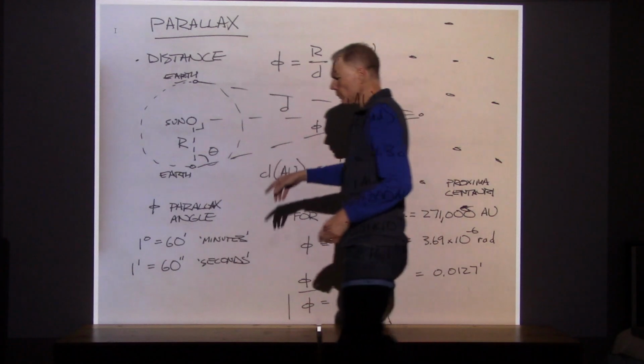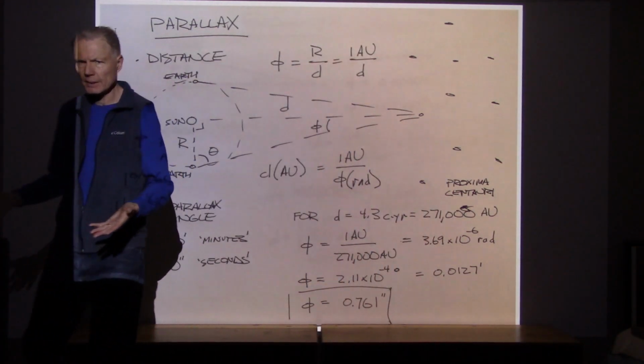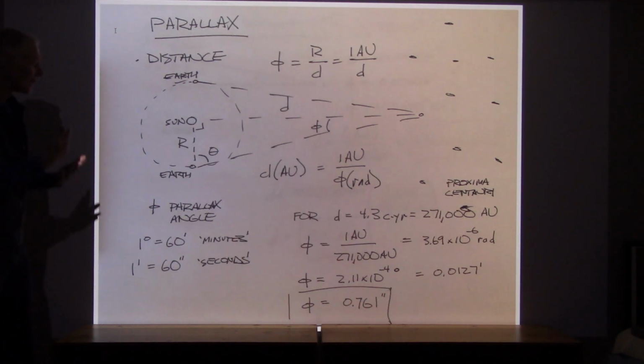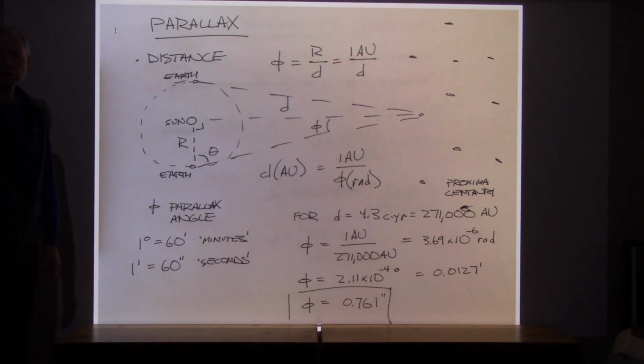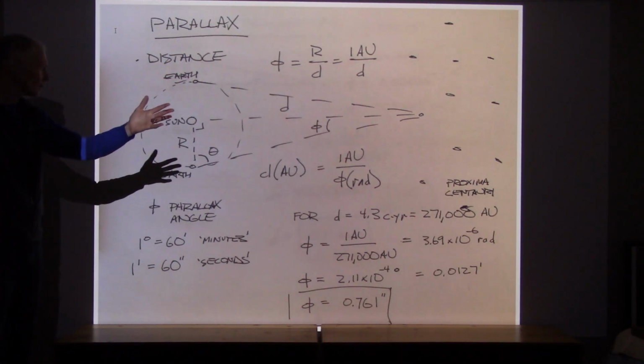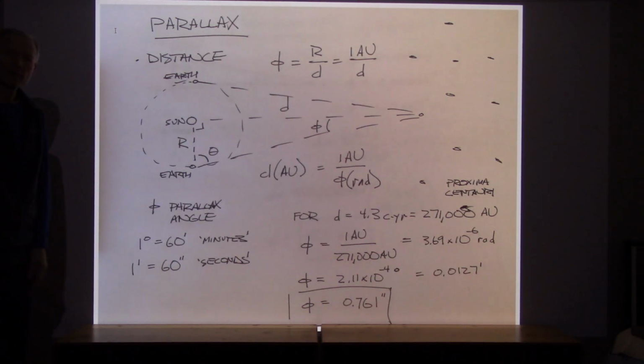So we took that 1 degree, divided it into 60 minutes, took one of those minutes of arc, divided it into 60, and even for the closest star the parallax angle is less than 1 second of arc. So the reason this was not observable is that it's a really challenging measurement.